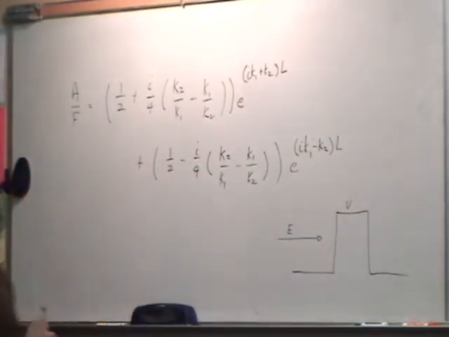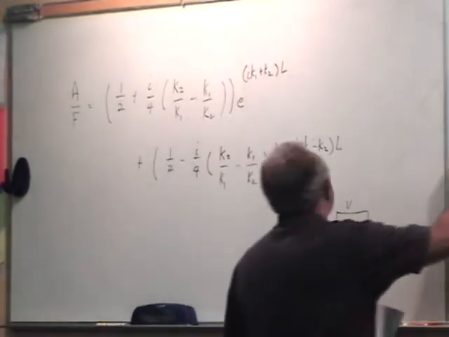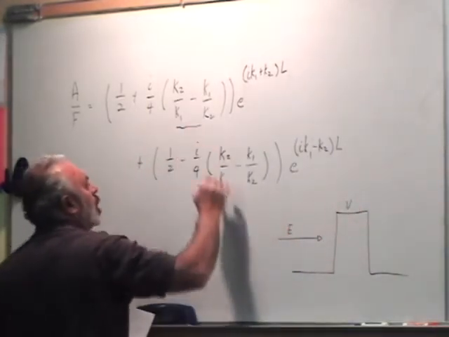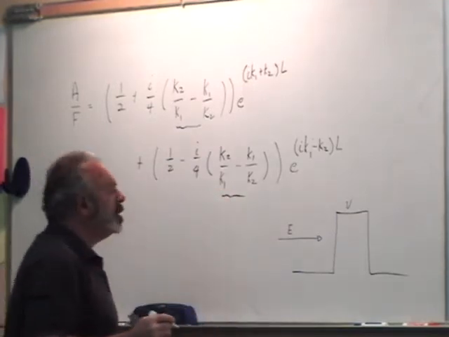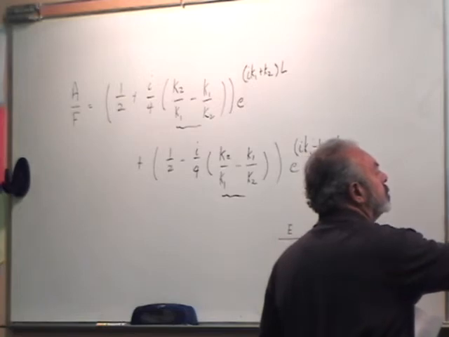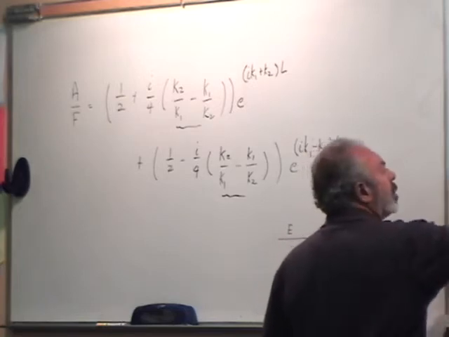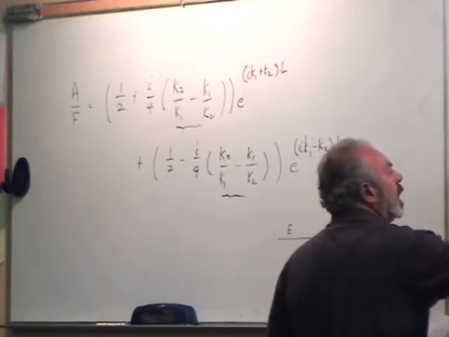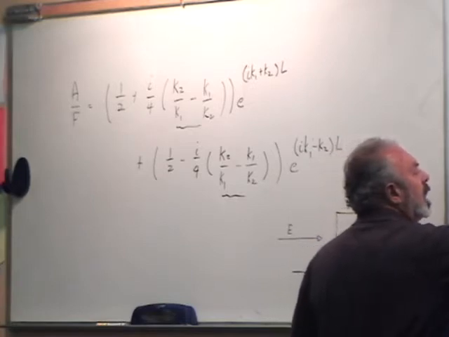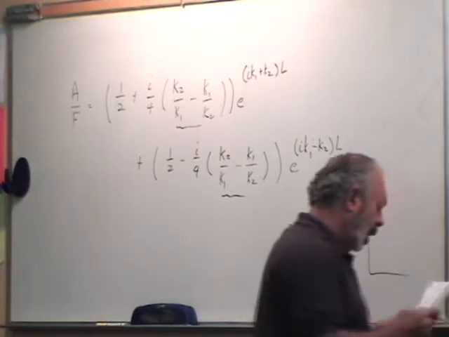Well, in that situation, I would claim that here, K2 over K1 minus the other way around, K1 over K2, is approximately equal to K2 over K1. Why?